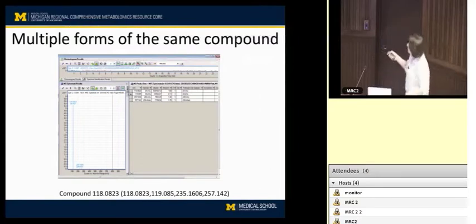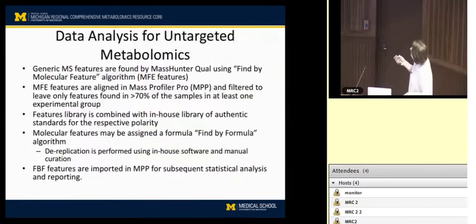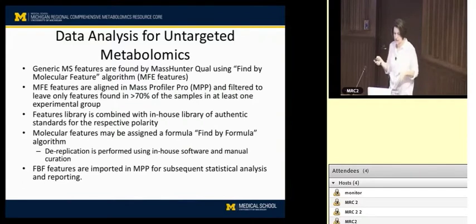And at the bottom here, on some of our reports, you will still see an annotation file, which will tell you all of the ions that were collapsed together to form a particular feature. All right, so that's just the first part of it, which is to decide what things you want to go into a particular feature. Do you want to collapse some of those ions together, or do you want to treat them all as separate?